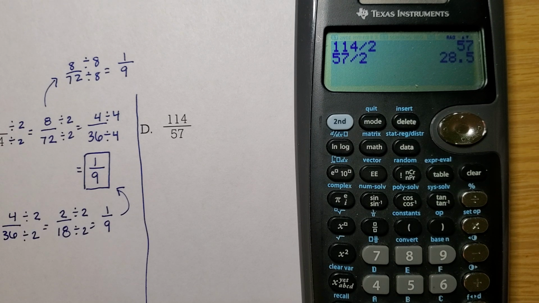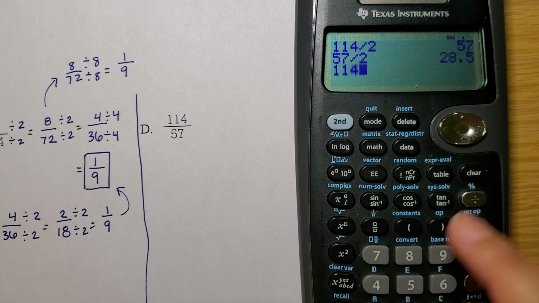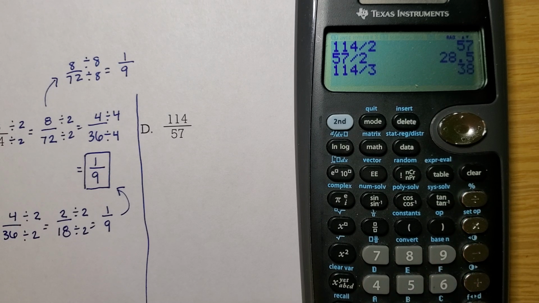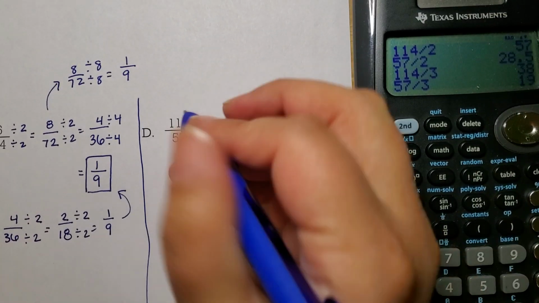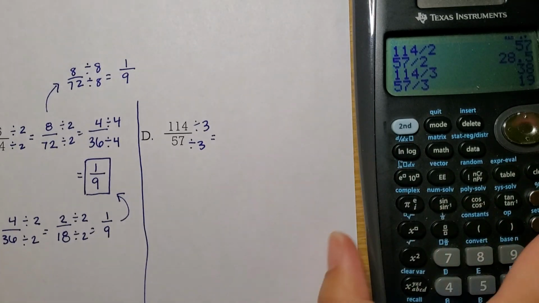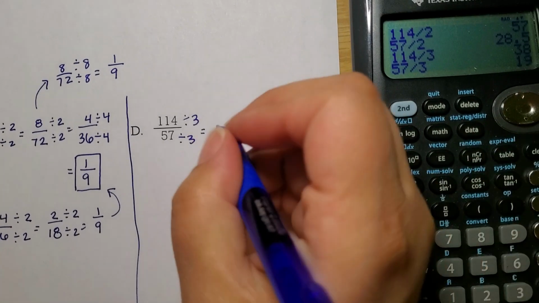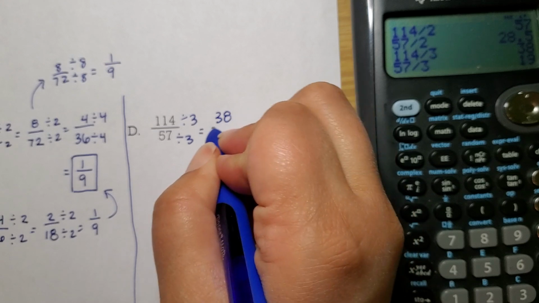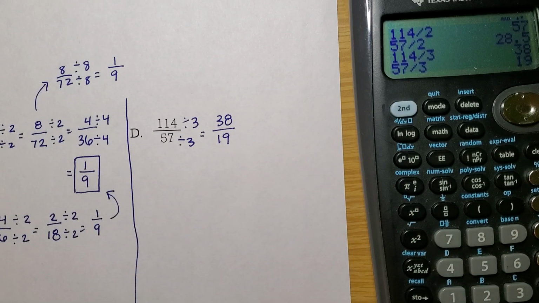So since 2 didn't work, let's try 3. 114 divided by 3 gave me a whole number, so that worked. 57 divided by 3 also gave me a whole number, so that worked. So I can divide the top by 3 and the bottom by 3. So that will give me a 38 up top and a 19 below.